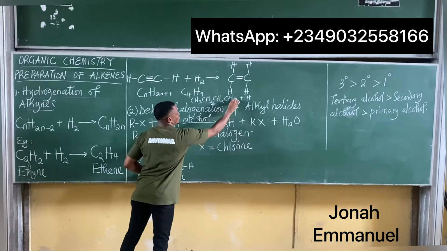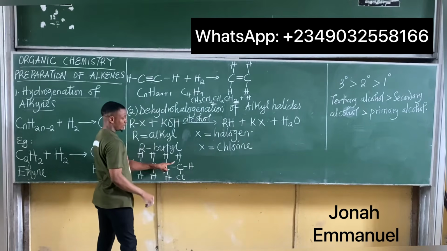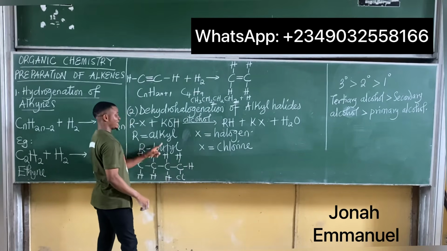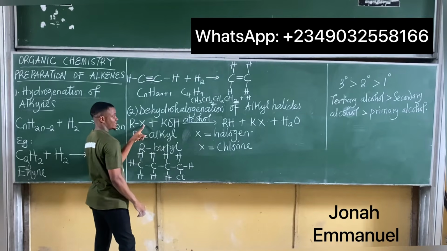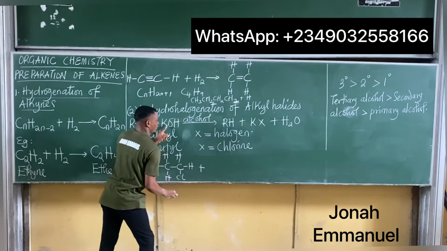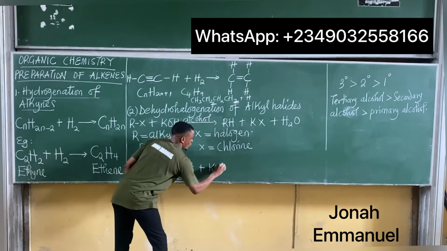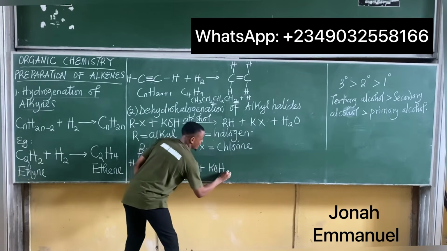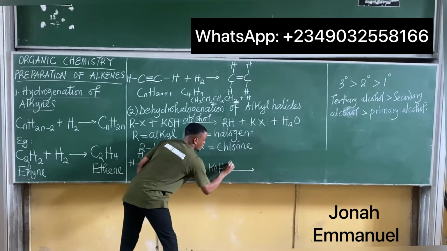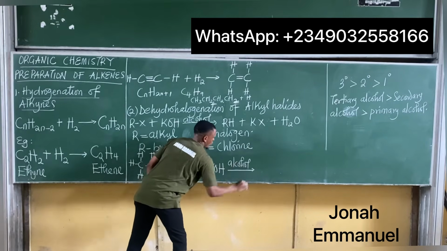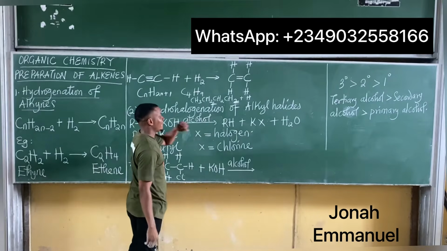Now it was CH first for butyl. That's CH2, and we said X, that's your chlorine. I have this plus KOH passing through alcohol, to give you this one here.